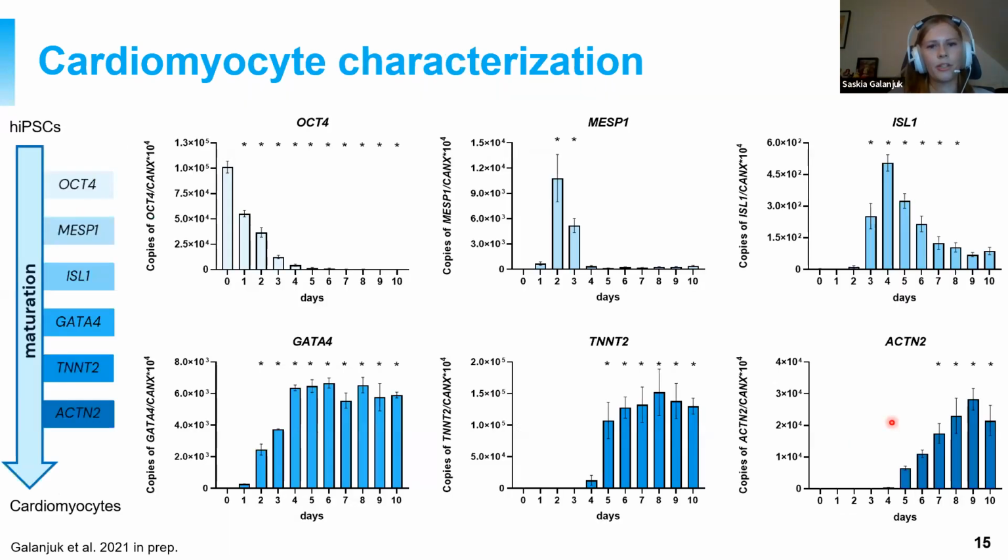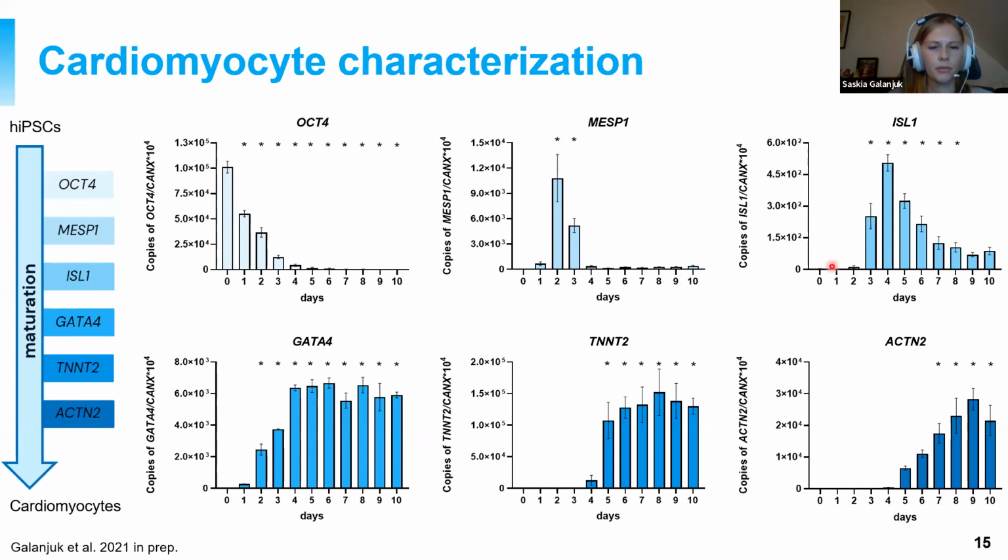To monitor the transition from pluripotent stem cells to cardiomyocytes, we performed PCR analysis over the time course of 10 days with different markers across cardiomyocyte developmental stages. While stem cell marker OCT4 decreases, the earliest marker for cardiac mesoderm, MESP1, shows a peak expression shortly after the activation of the Wnt and BMP pathways.